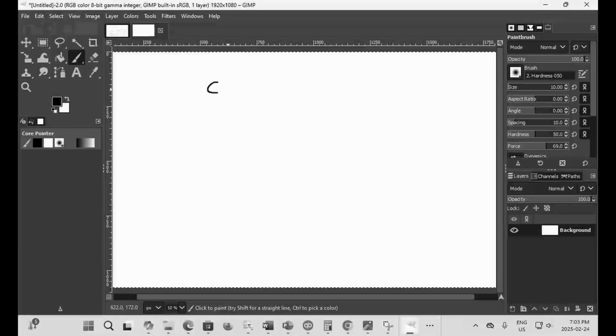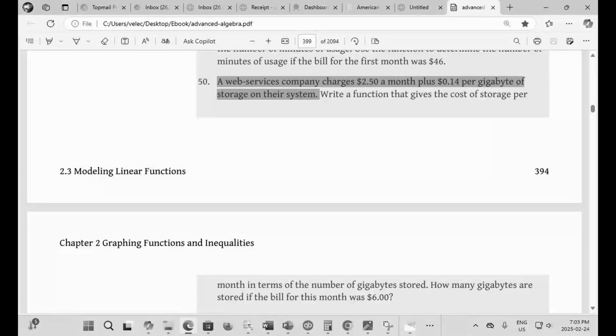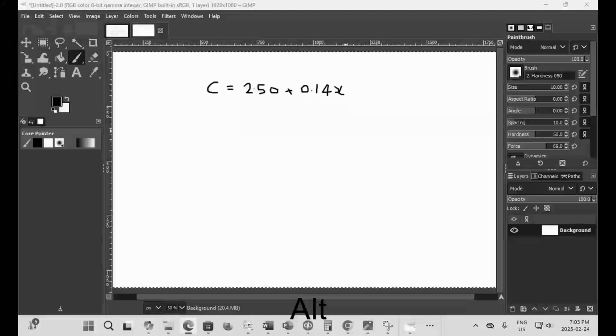We know that cost equals your base fee, which is $2.50, plus the variable fee, which is 0.14x. That's $2.50 per month plus 14 cents per gigabyte of storage on their system. This could be storage on their servers, or on a computer they share, and so forth. So C equals $2.50 plus 0.14x.